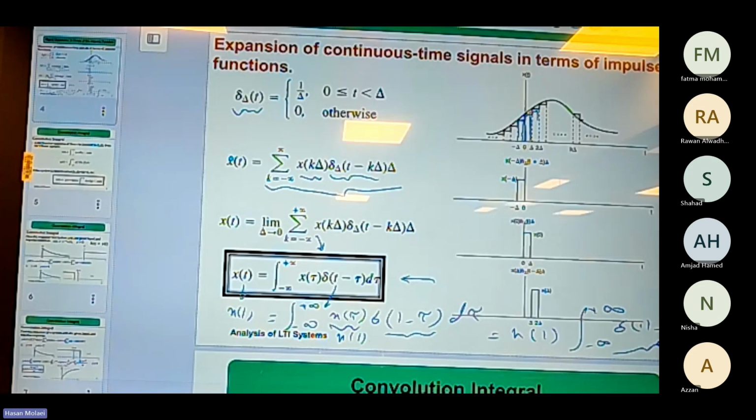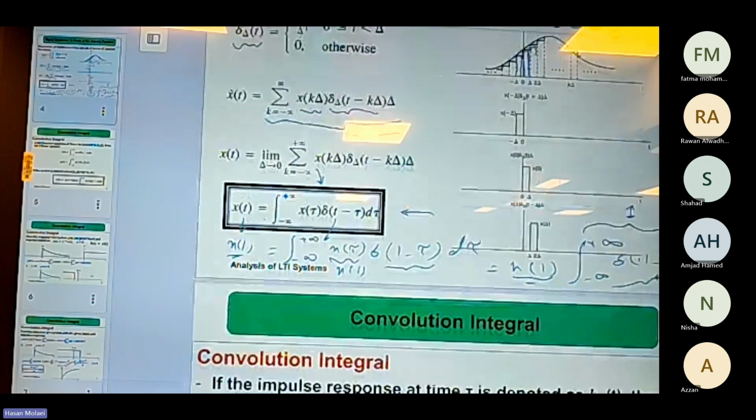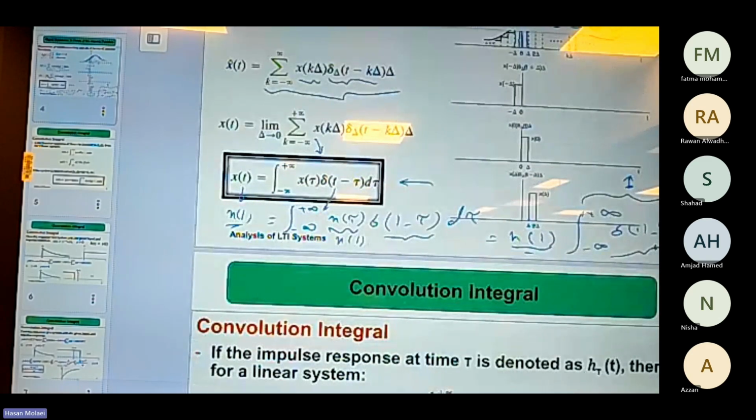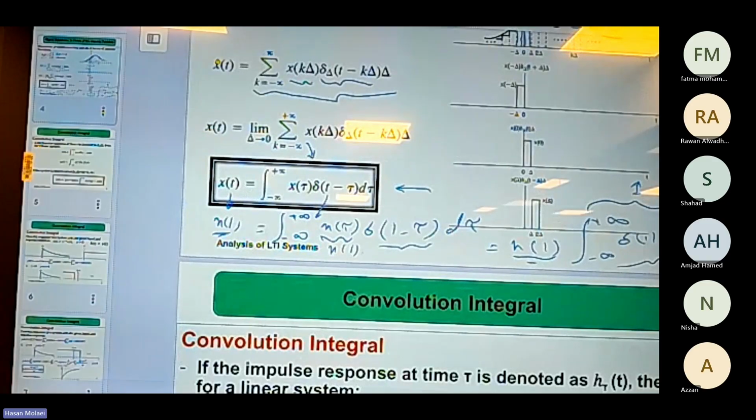How much is this integral? The integral of delta is 1. So this is x1. For all other values, x2, x3, it's the same. So we can express any signal with an integral of impulse signals.